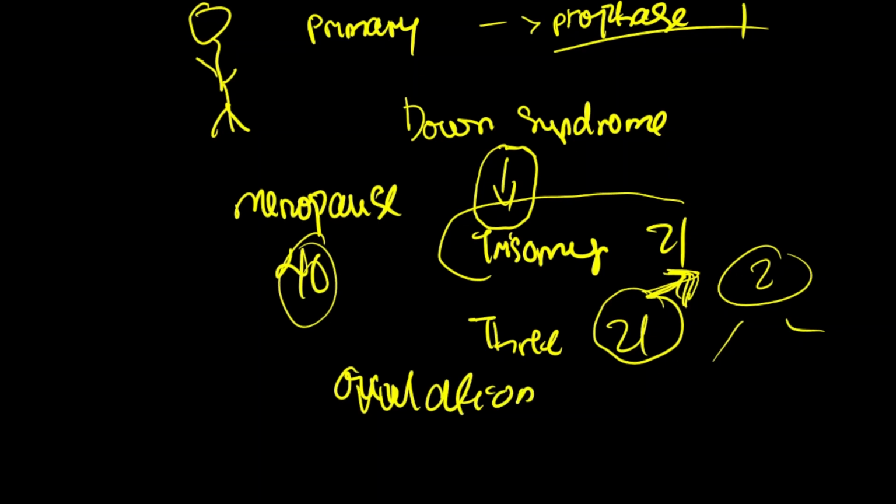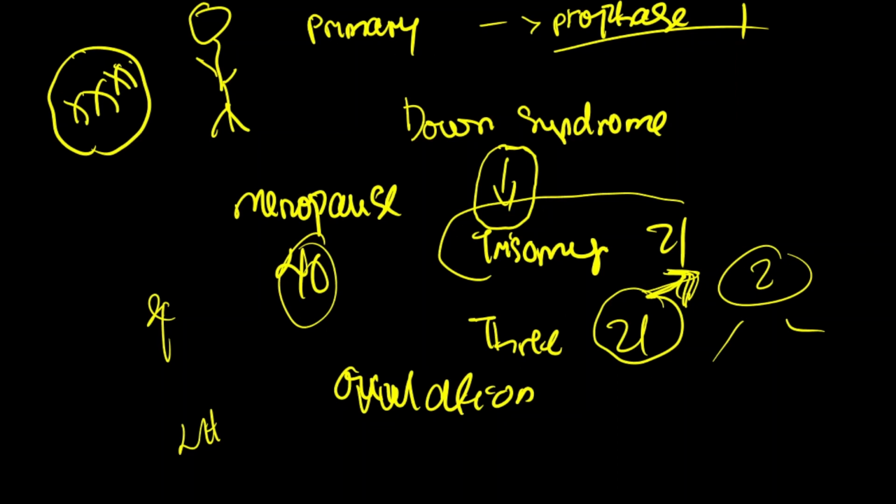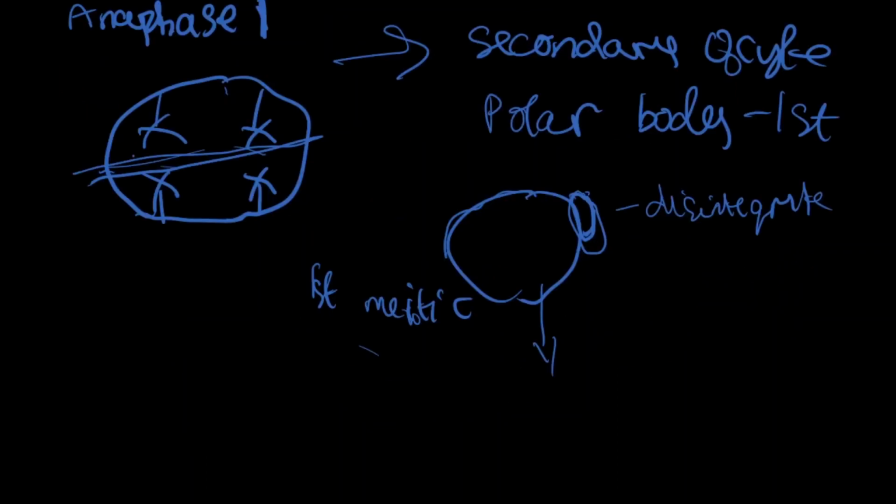Now the ovulation starts as a result of the increase in the luteinizing hormone. So we have the primary oocyte, the crossing over here, and at anaphase, we saw that the homologous chromosomes would then retract to either side of the cell. Now what happens in Down syndrome is what we call a non-disjunction.